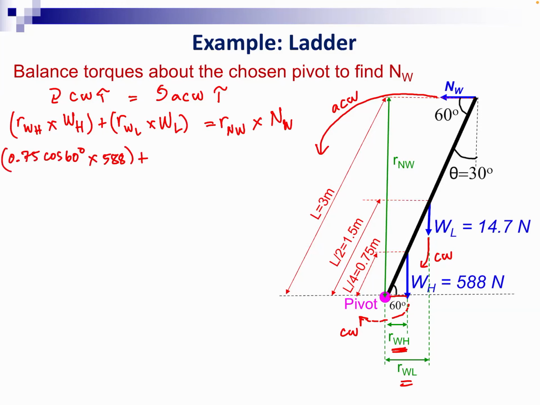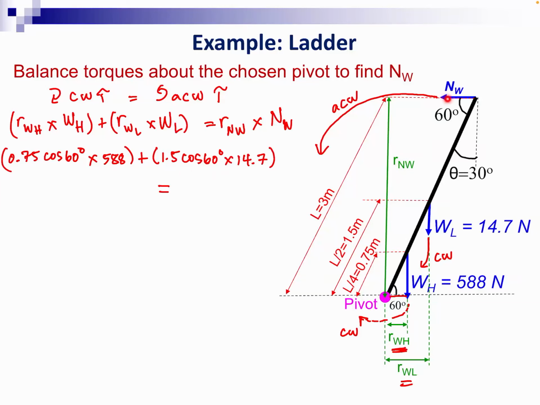Plus the moment arm of WL, it's this length here, so that will be half of the ladder's length, 1.5 times cosine 60 degrees, times the ladder's weight, 14.7. This is the clockwise torques with the moment arms and weights.